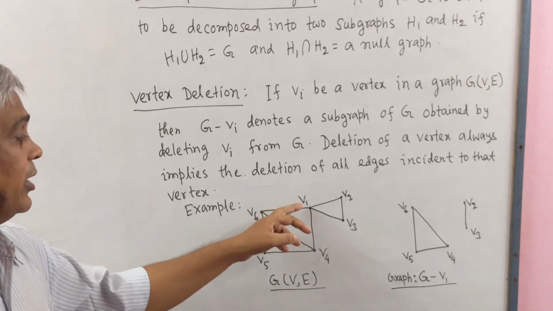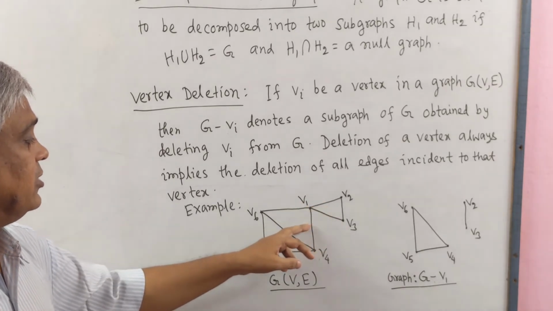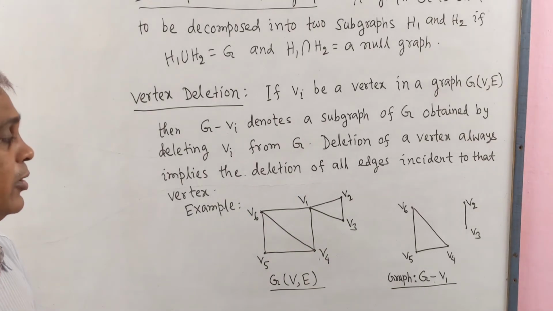If we delete V1, then this edge, this edge, this edge and this edge, 4 edges incident to V1, will also be deleted.